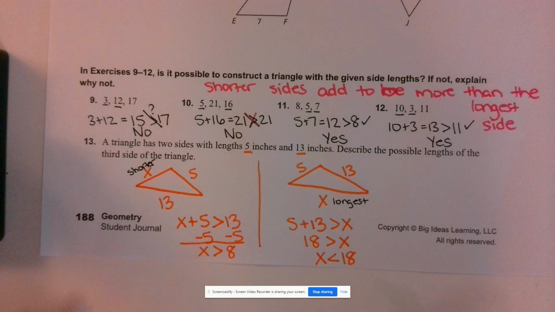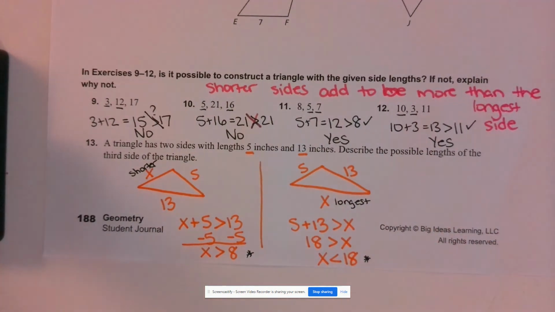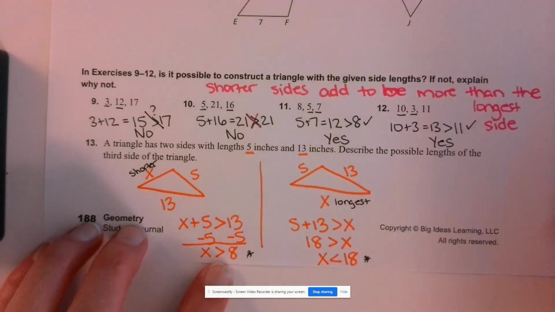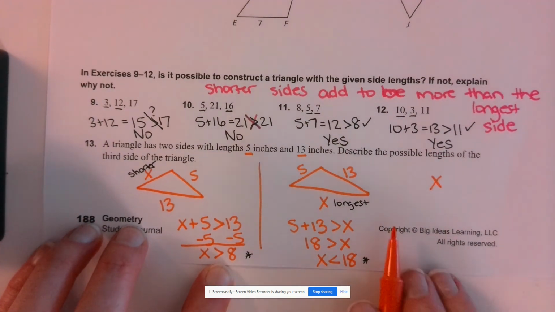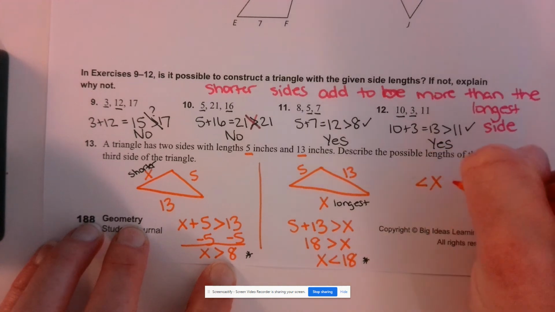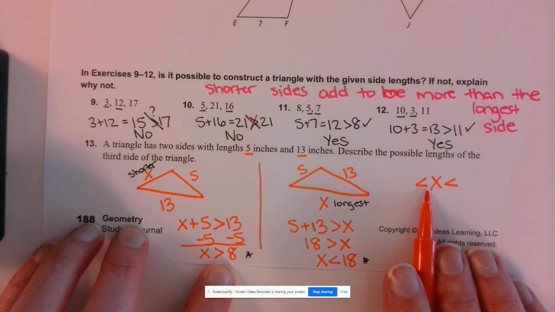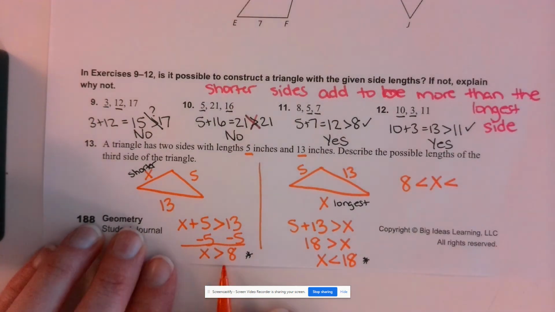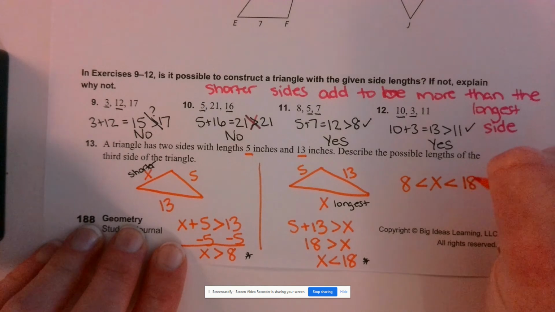When we take these two situations, we're going to put them together as a compound inequality. I'm going to take this statement, X is greater than 8, and put X in the middle. So I have X is greater than 8, but it is also less than 18.